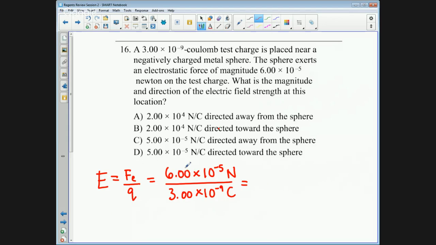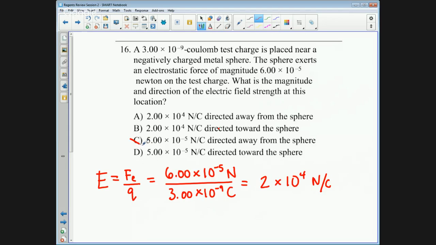So when I do this, I'm going to get 6 divided by 3 is 2 times 10 to the positive 4. Okay, newtons per coulomb.